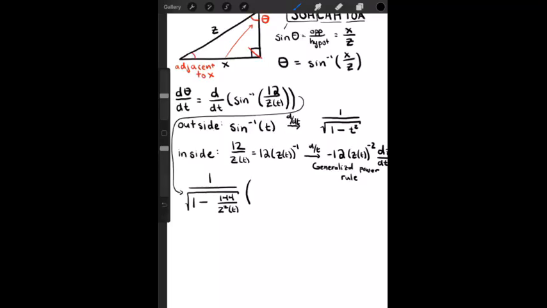Then we multiply it by the derivative of the inside. Alright, so now we need to plug some of the stuff in. So what we have here we have to plug in for.